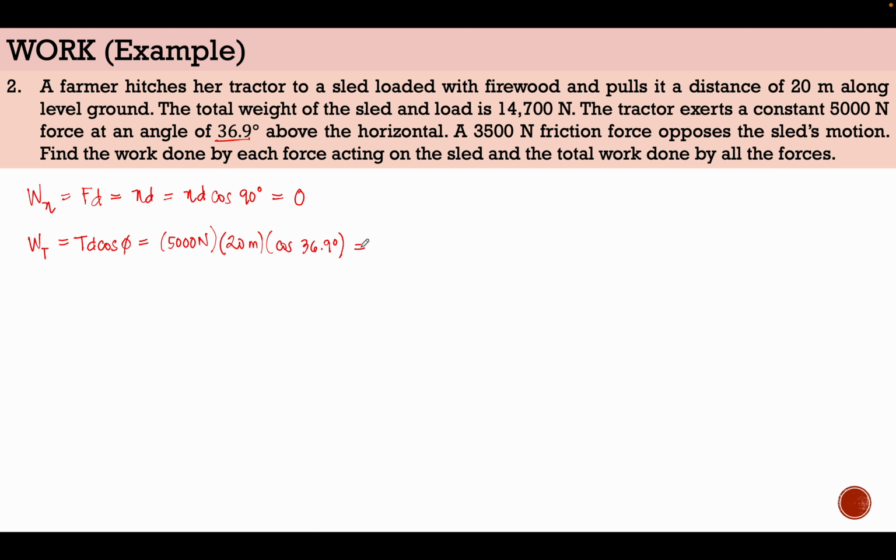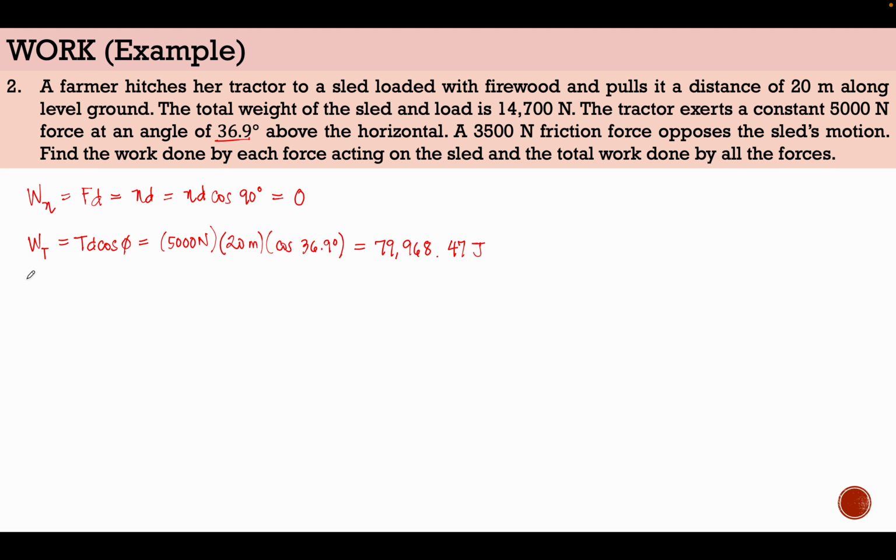Okay, so if we calculate that, we have 5,000 times 20 times the cosine of 36.9. It is equal to 79,968.47. So again, the unit is in terms of joules. So the total work done by the tension force is equal to 79,968.47 joules.